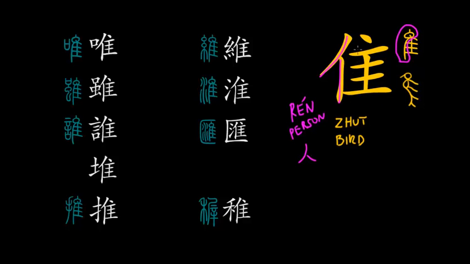And since the elements that they could choose from were limited, they just had to find something that resembled this particular section over here, and they ended up choosing ren, because ren was the thing that resembled this section of the seal script character the most. But it has nothing to do with the meaning or the sound of the character at all, and so that's just why I wanted to mention this.